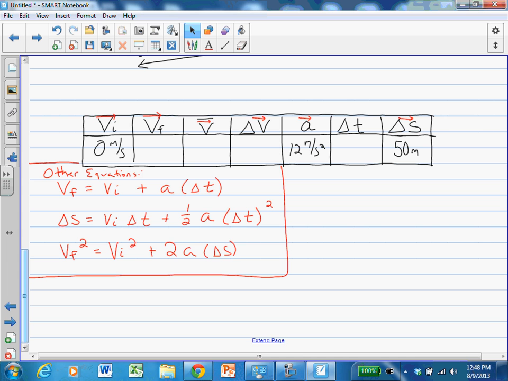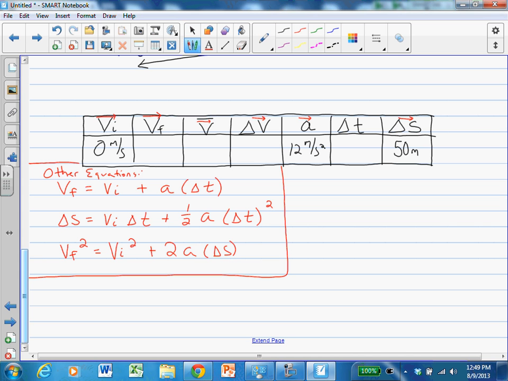Now the final velocity equals initial velocity plus A delta T. Again, we have 2 unknowns, so that's not working for us. Delta S equals VI delta T plus 1/2 A delta T squared. Would that work? That might work for us. Let's try that one.